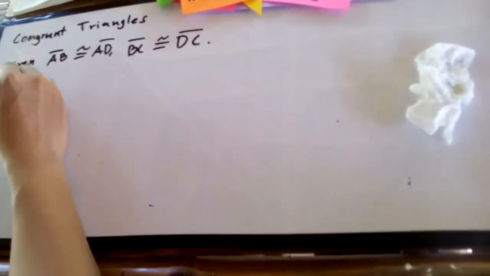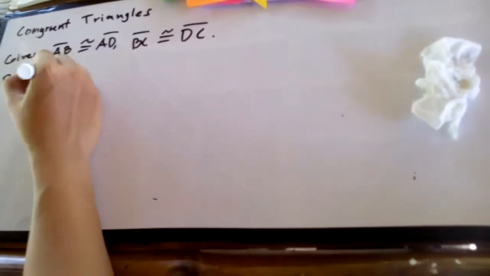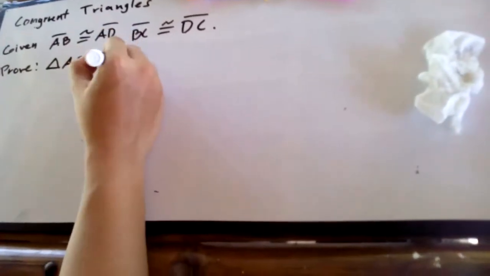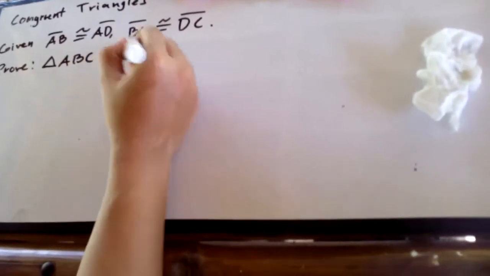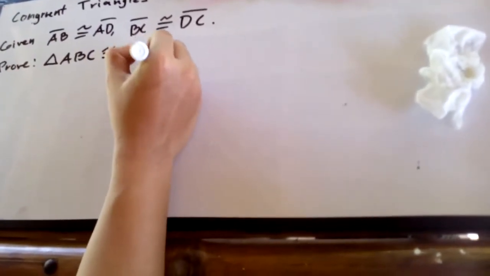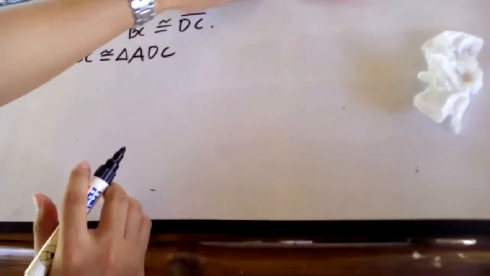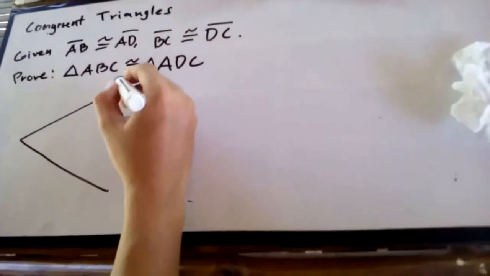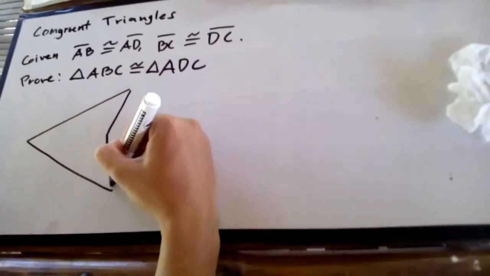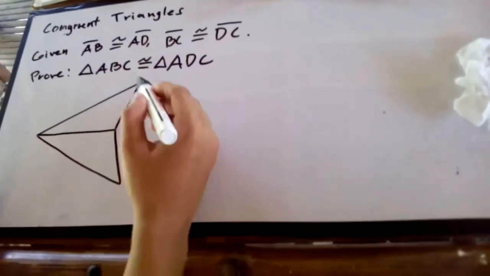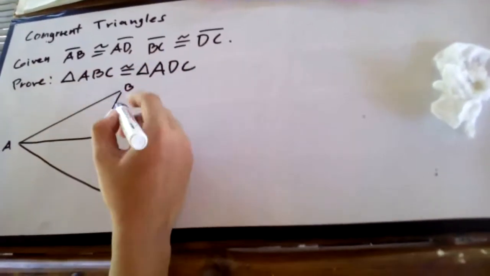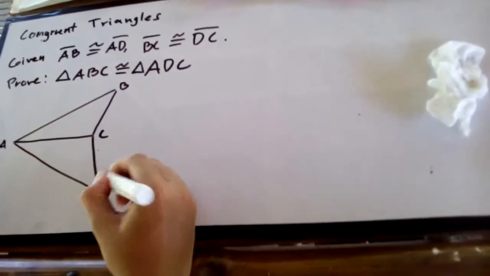Let us prove that triangle ABC is congruent to triangle ADC. Okay? So this is the figure here, with points A, B, C, and D.